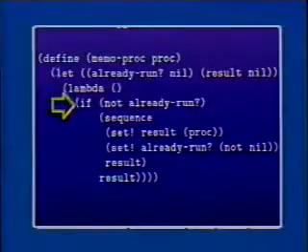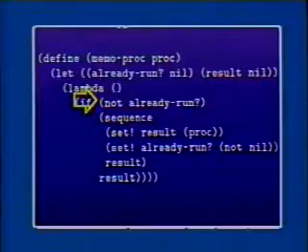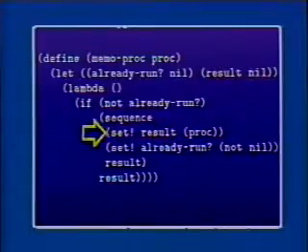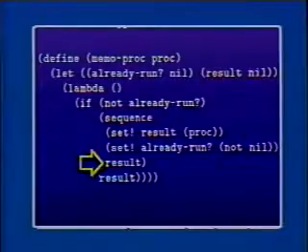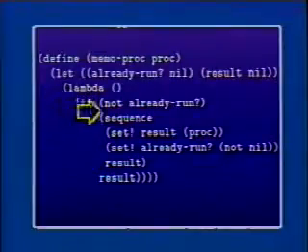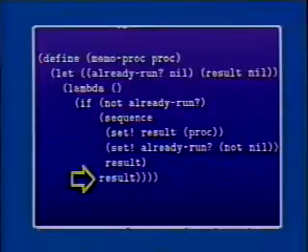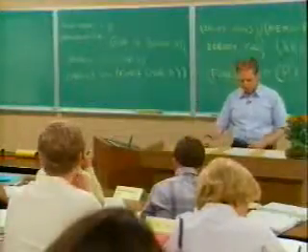And it says, if I'm not already run, then I'm going to do a sequence of things. I'm going to compute proc. I'm going to stash that in the variable result. I'm going to make a note to myself that I've already been run, and then I'll return the result. So that's if you compute it if it's not already run. If you call it and it's already been run, it just returns the result. So that's a little clever hack called memoization.